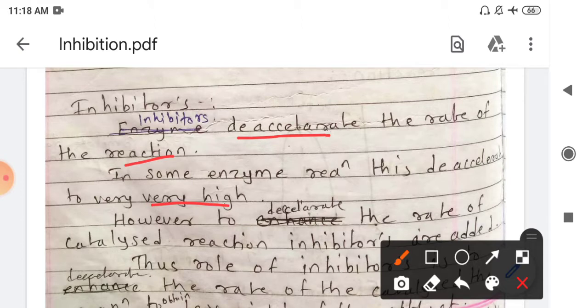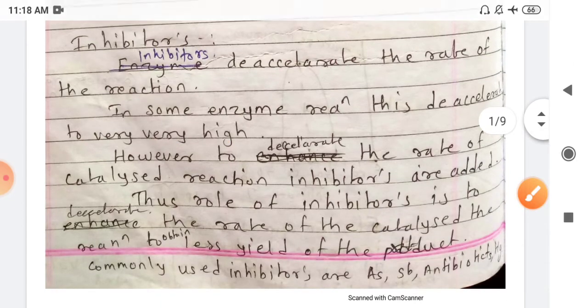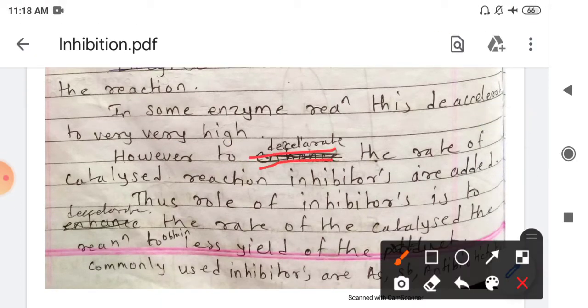To study what changes are occurring in the substrate, or to develop a mechanism for the given reaction, we cannot use these very high rate constant reactions directly, because the time to observe the changes is very short. In such cases we decrease, or decelerate, the rate of the enzyme catalyzed reaction. So we intentionally add some inhibitors into the given reactions.